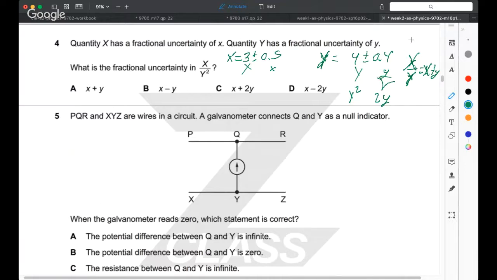If you divide, and if you do x times y, the big quantities, you have to do the same. It doesn't matter if it's dividing or multiplying, you have to add them. So how do you solve this one? When it's x plus 2y, it will be again the same.